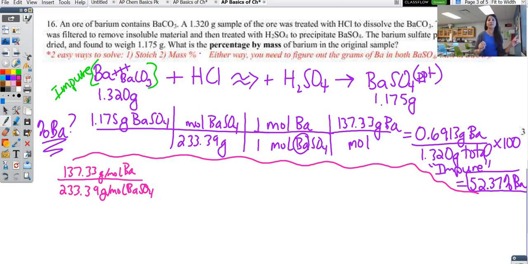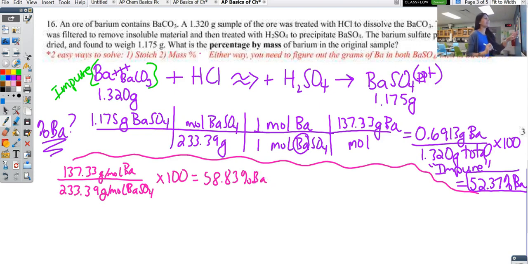The reason I can do this is because I know it is all barium sulfate. Then I can multiply by 100 to get a percent, but really I do want to work with a fraction, so I could stop there. It ends up being 58.83% barium inside of barium sulfate, okay?